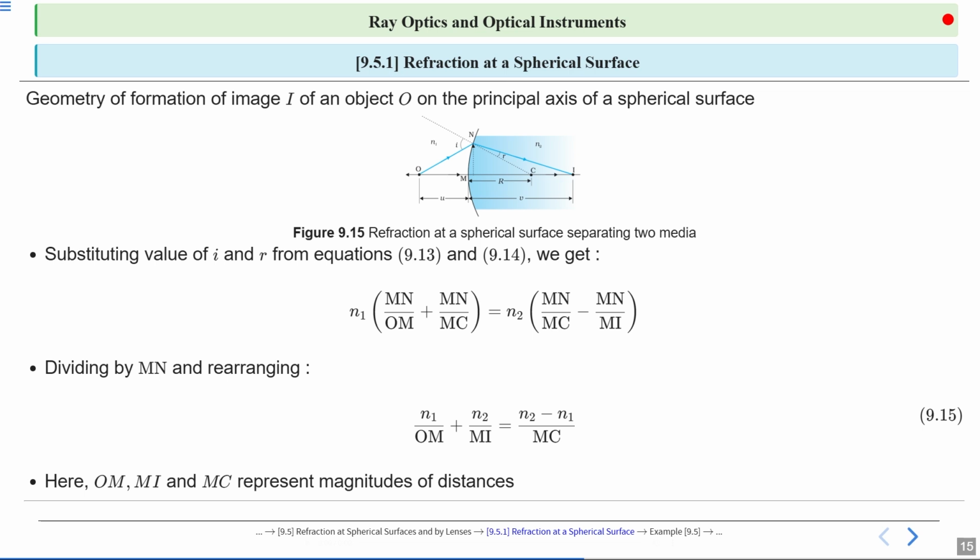It is the relation between object distance, image distance, radius of curvature, and refractive indices of the two media on either side of the spherical interface. Okay, so we will put the values of OM, MI, and MC according to the sign convention.